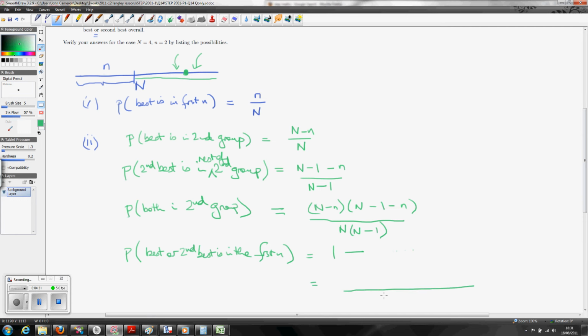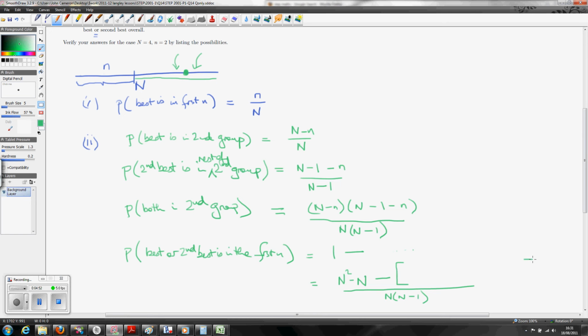So let me now try and work this out a little bit, and let's make a common denominator. And 1 minus all of this is N squared minus N. That's the 1 over this, minus all of what we have here.